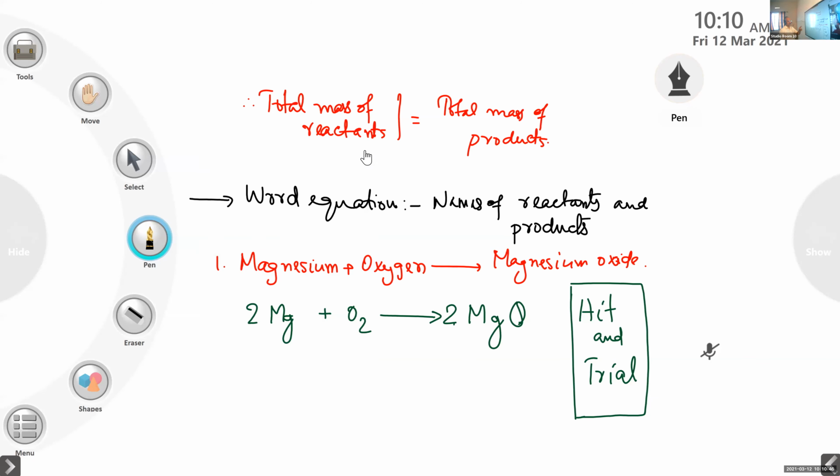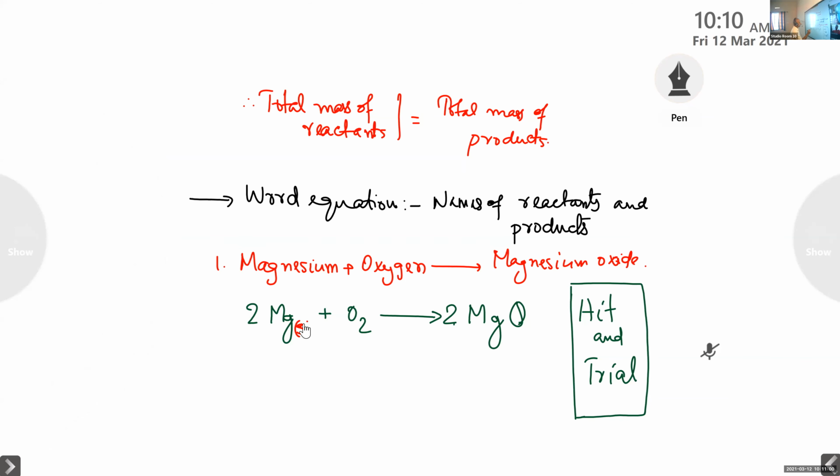Say magnesium ribbon, that is in the solid state. So on the right hand bottom side, you write S. S for solid. Magnesium is in the solid state. Mg(s).